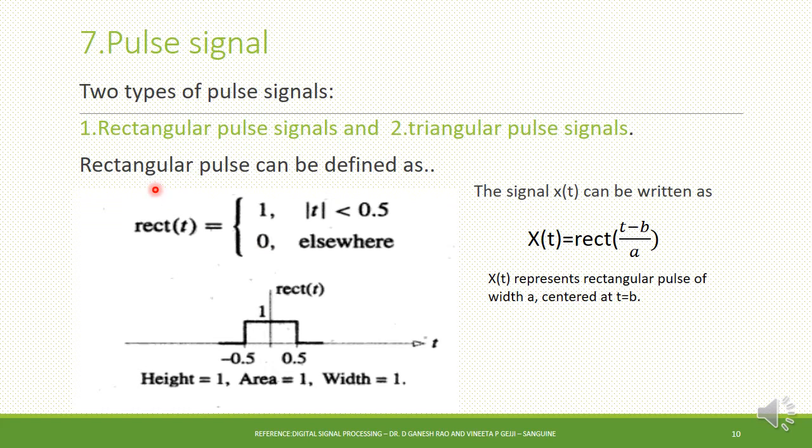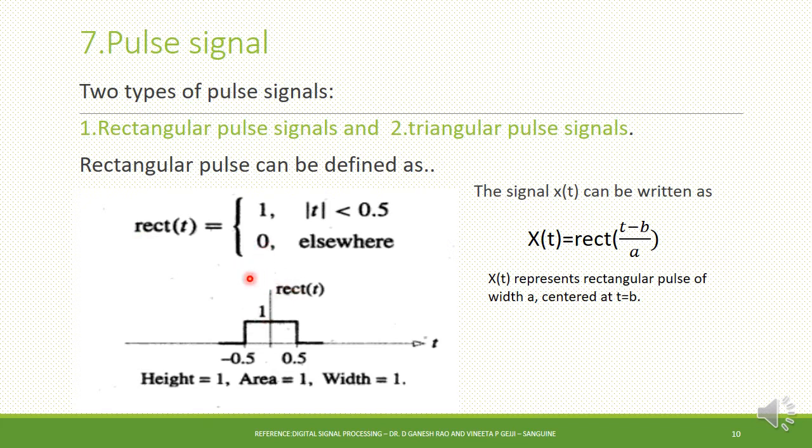Let us see once again, the rectangular pulse is written as RECT of t. It is equal to 1 for modulus of t less than 0.5. Other than this, RECT of t is always equal to 0.